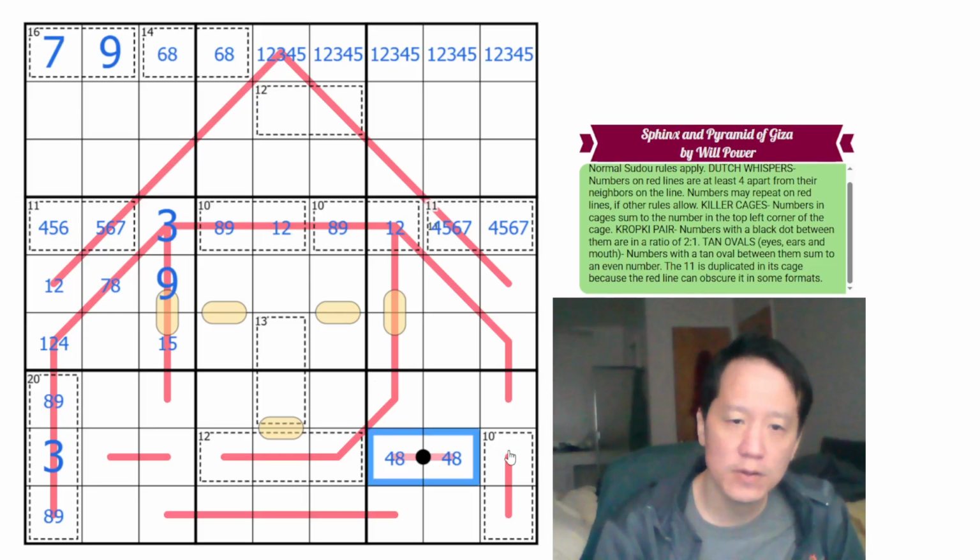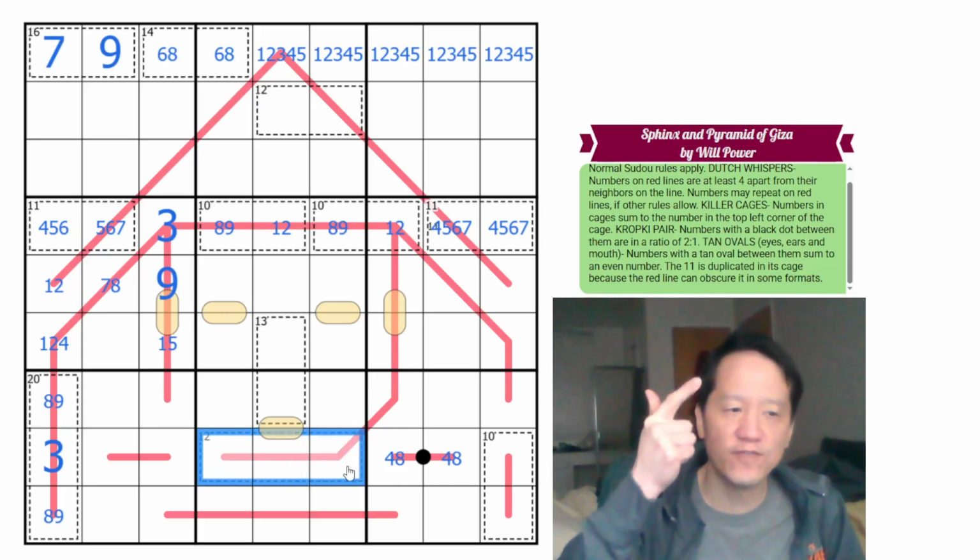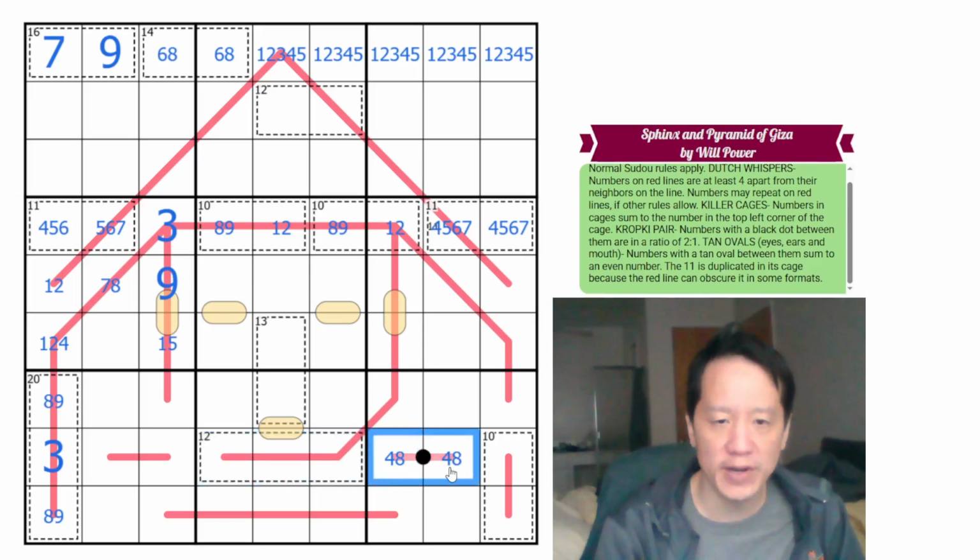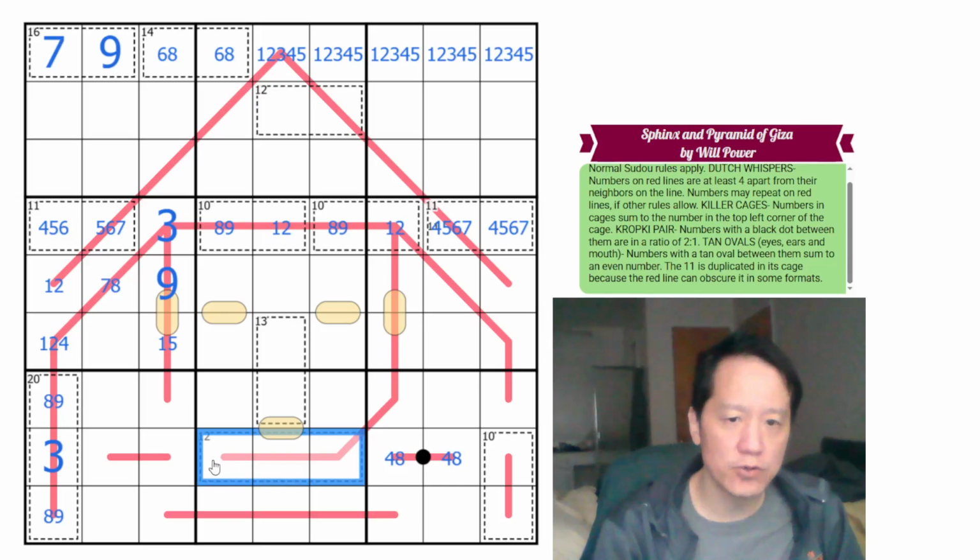Therefore, this 12 cage cannot contain a 3, a 4, or an 8 because of a 4-8 pair in the same row and the 3 in the same row. So it could be 129 or 156, and those are the only possibilities.